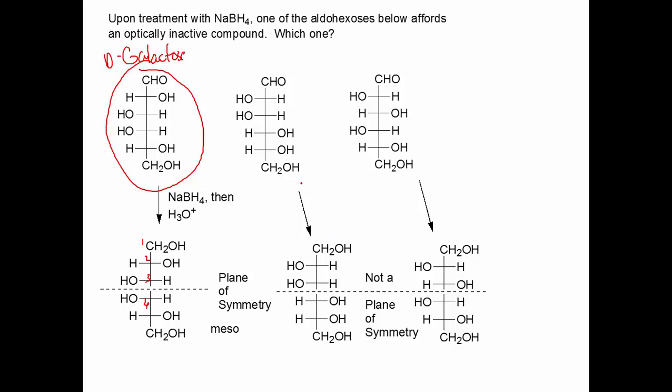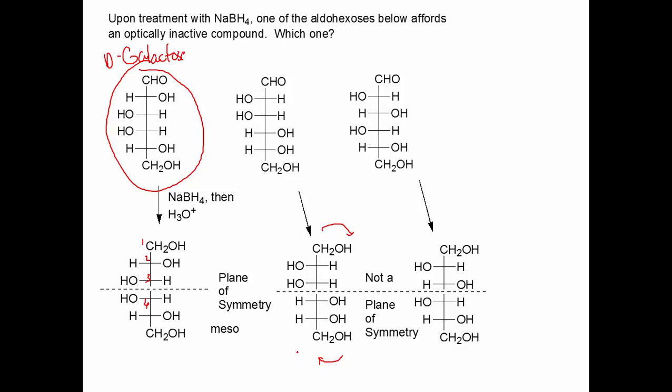When you reduce this one, you get a rotational axis of symmetry. You can rotate it around and get it back to what you have, but that's not what matters for chirality. It has to have a plane of symmetry, and we do not have a plane of symmetry here.